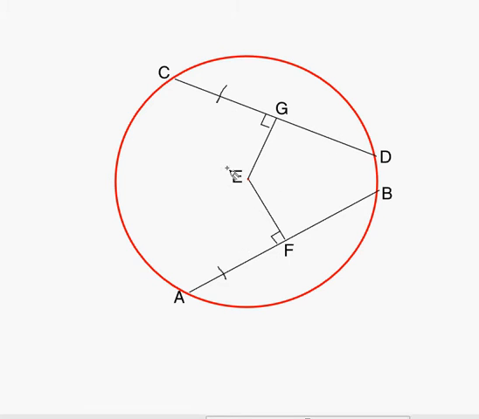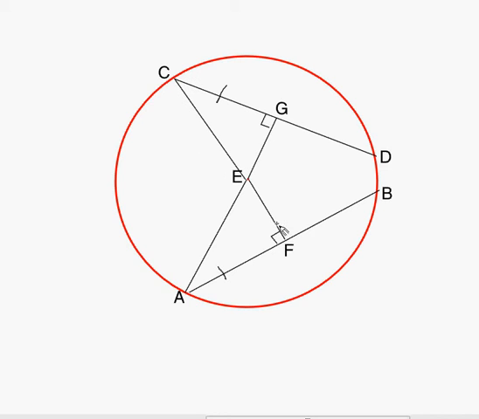So we have this congruence, and just like in the previous case, we go ahead and draw radii from the center of the circle to point A and to point C.